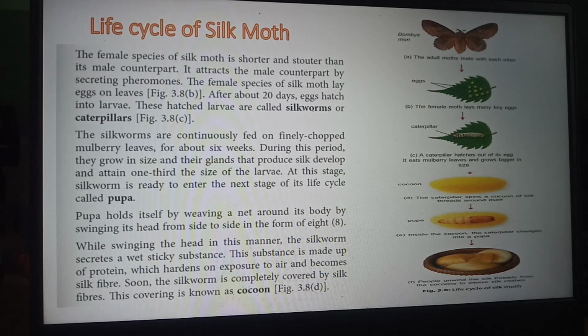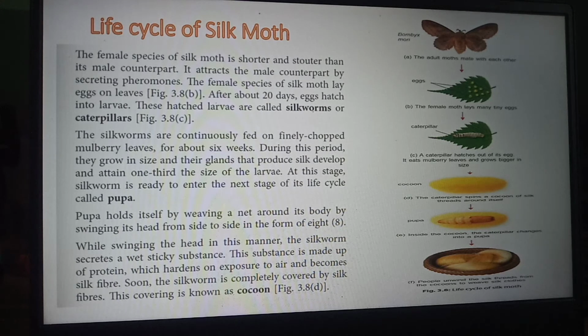As I told you, they are growing and attaining about 1/3 the size of the larvae. And at this stage, the silkworm is ready to enter the next stage of its life cycle, called the pupa stage.